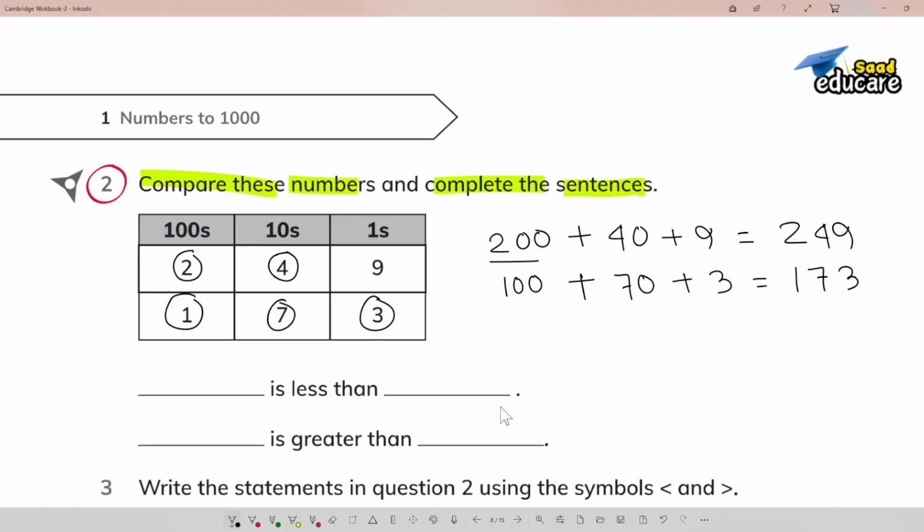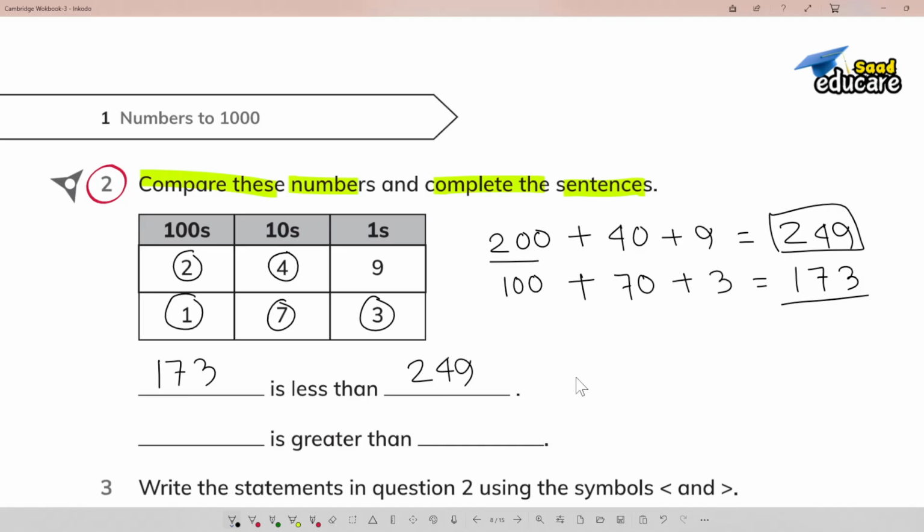What does it mean? Which one is larger? 249 is greater, right? And 173 is less. Therefore we can write here 173 is less than 249.